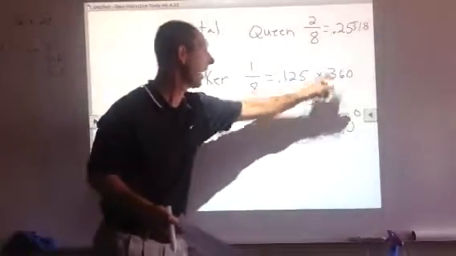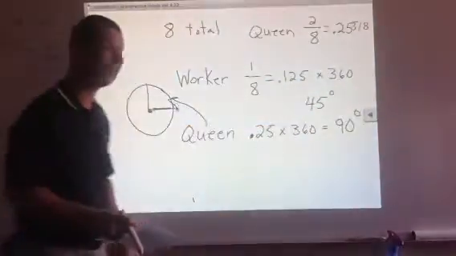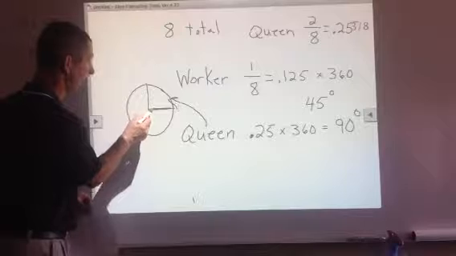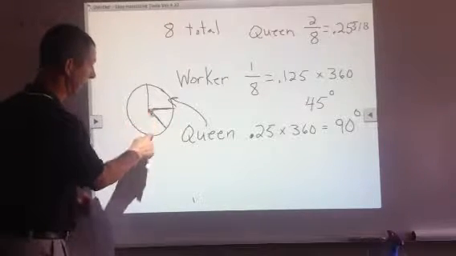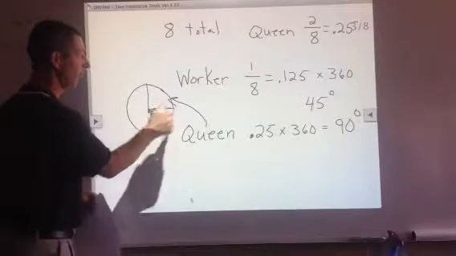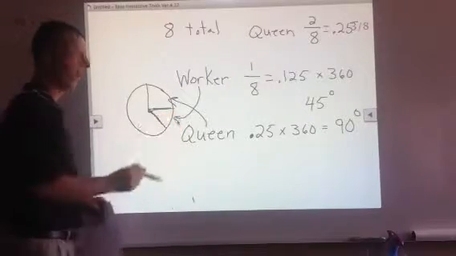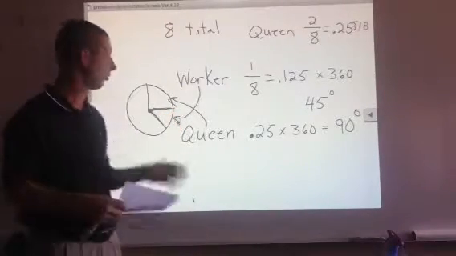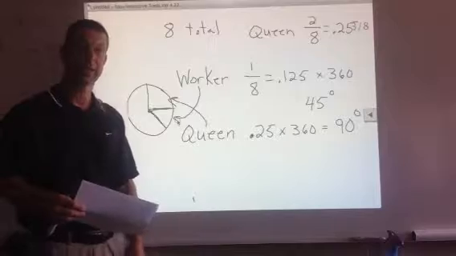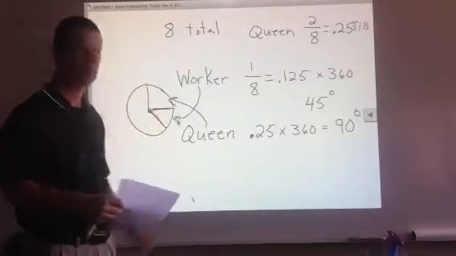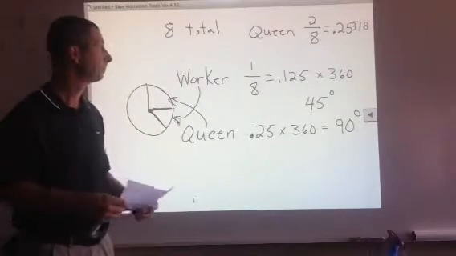We multiply that by 360, we get 45 degrees. So 45 degrees would be half of this 90 here. There would be your worker. And so on and so forth. You've got to go through the rest of the problem and complete the circle graph and put those in.